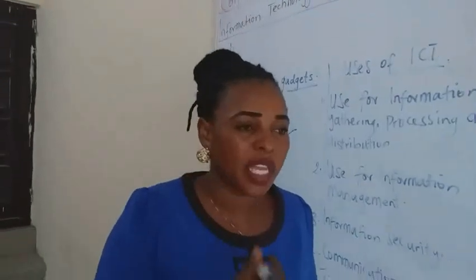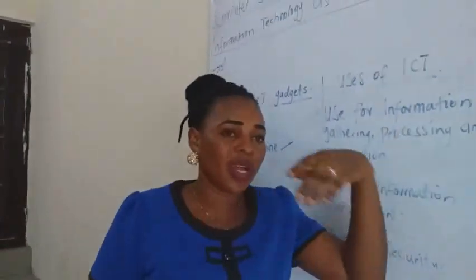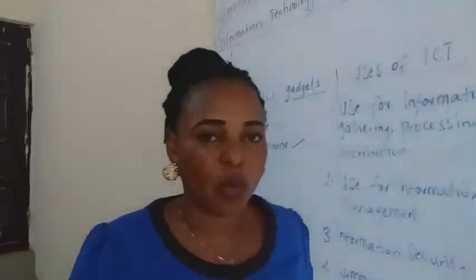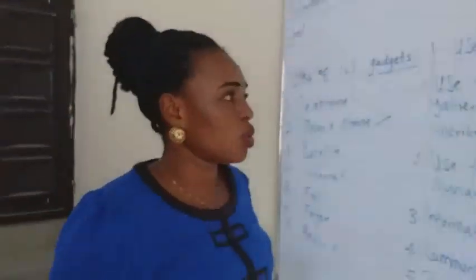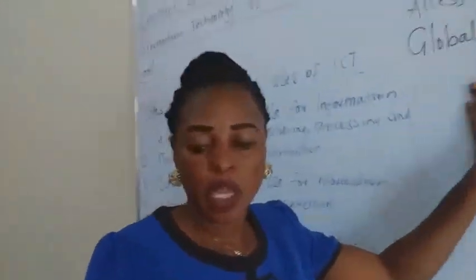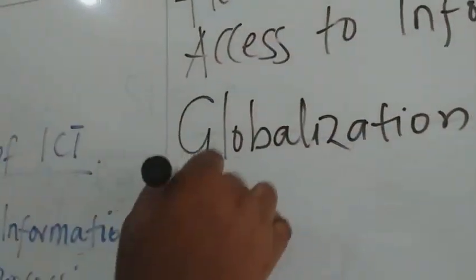I can be here and communicate with somebody in the US, or with somebody in any part of the world. I can reach the person with the use of the internet. So ICT has helped the world to become a global village.